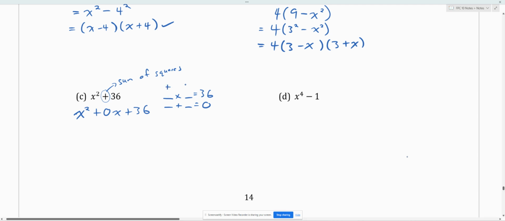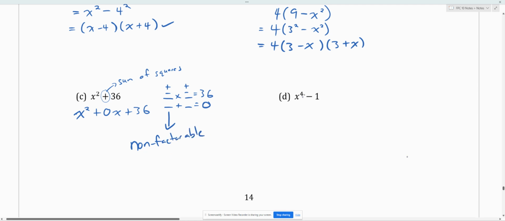Well, if I'm adding two positives or adding two negatives, it's impossible to get 0. It is absolutely impossible. The only way that could work is if they were both 0, but of course 0 times 0 doesn't equal 36. So this results in a situation of non-factorable.